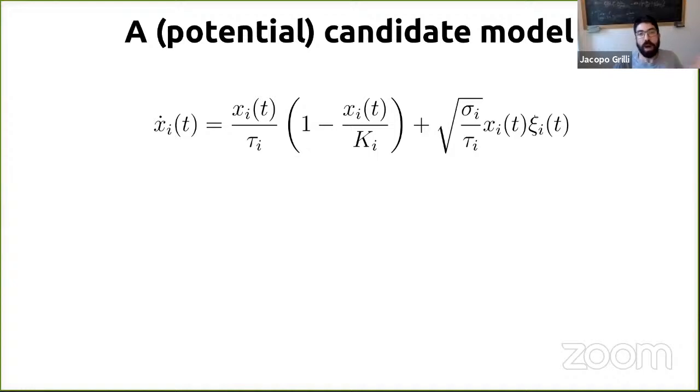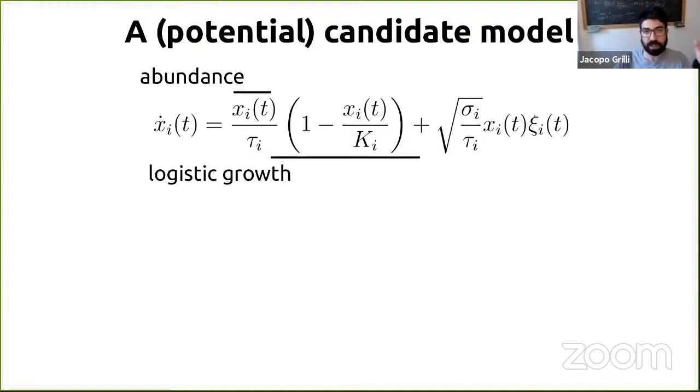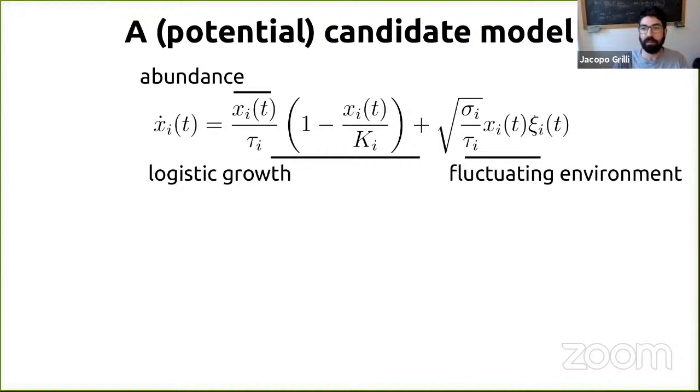So here I want to present one model that is in agreement with the data. It takes the form of a stochastic differential equation where you model the variation of abundance over time of a given species. There is a deterministic term which corresponds to logistic growth and a term corresponding to a fluctuating environment.